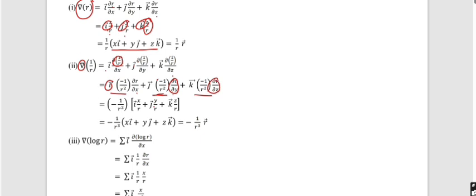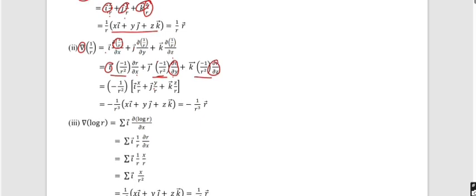In the same way, in all the terms 1 by r is common, so taking outside, that is minus 1 by r square into 1 by r. The remaining is xi vector plus yj vector plus zk vector. So minus 1 by r cube into r vector. Therefore del of 1 by r is minus r vector by r cube.